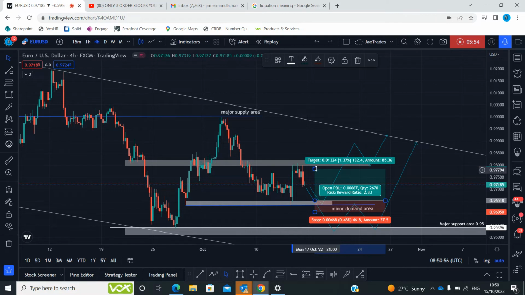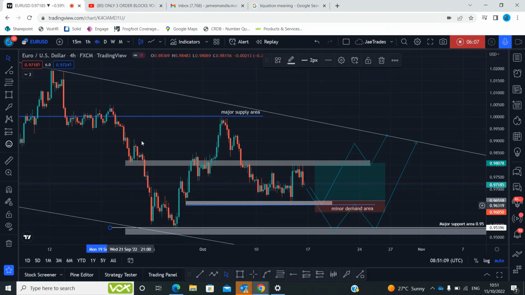Of course, we don't open all the way to the next supply level. Should the market break structure, cool, then just here in this level, in 0.95, we'll be looking to buy the market. But ultimately, we're just looking to buy the market, right, guys?